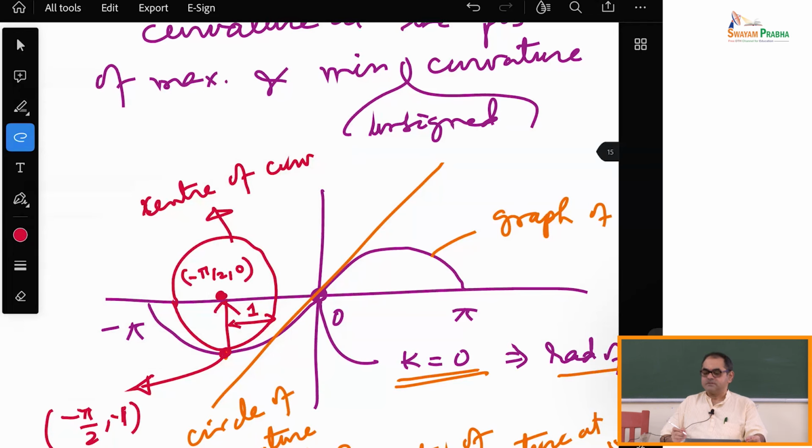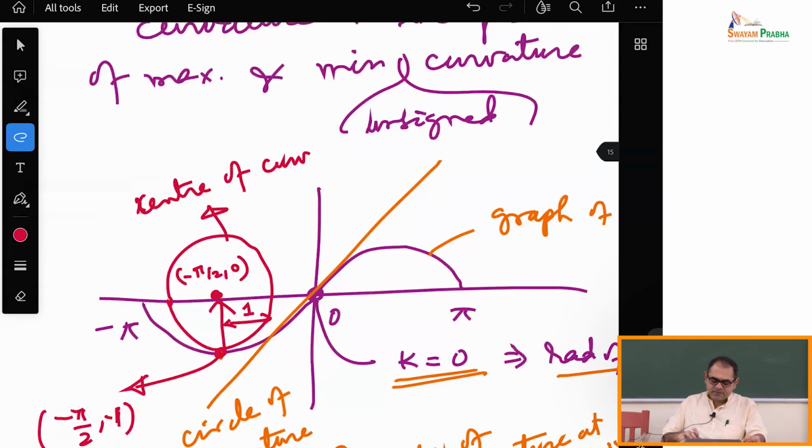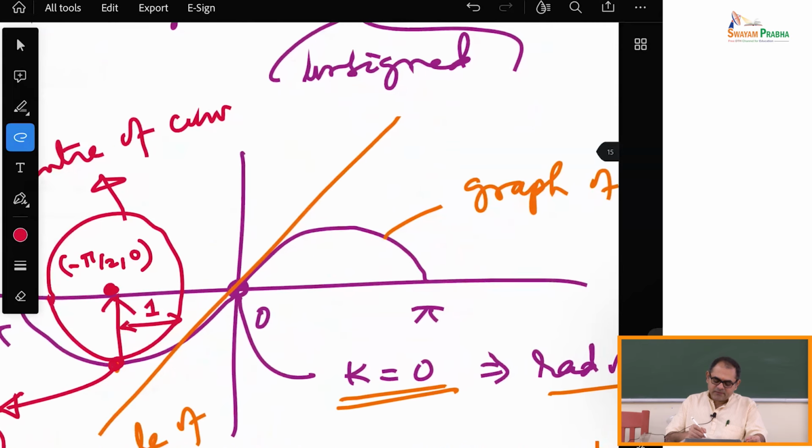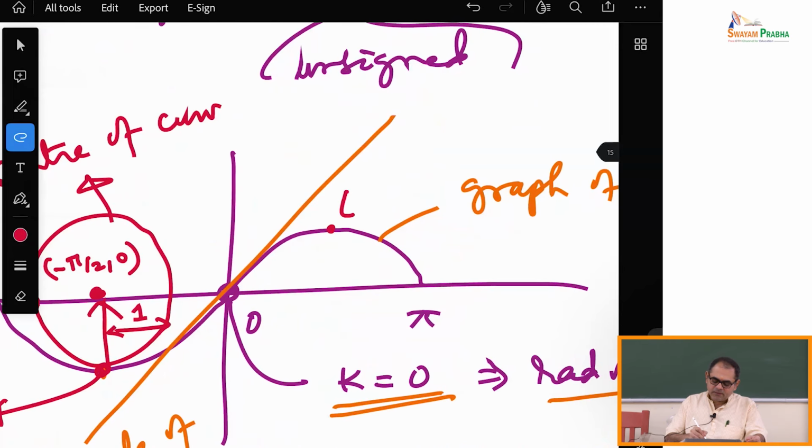So this is a circle, and by symmetry you can expect the same kind of thing to happen at the point corresponding to x equal to pi by 2, y equal to 1. The geometric normal will point like this. The curvature is 1, which is the maximum. The radius of curvature, the reciprocal of that, is 1.